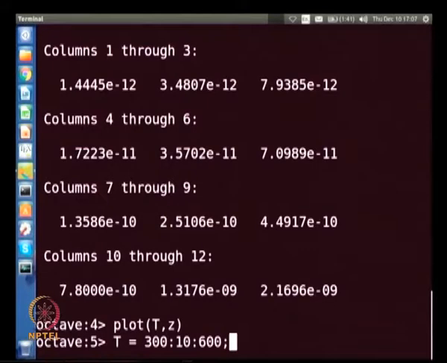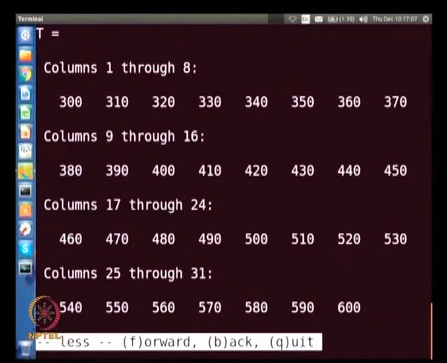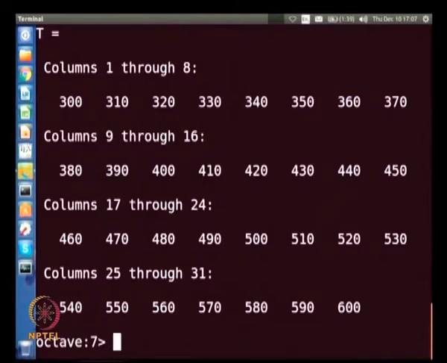If you say semicolon and then enter, it will not show anything on the screen, but it has produced this T. If you just say T and then enter, it will show you what it has stored. So the semicolon basically suppresses output to the screen. Sometimes we do not want to see all these big things on the screen, so you can put a semicolon and forget about it.